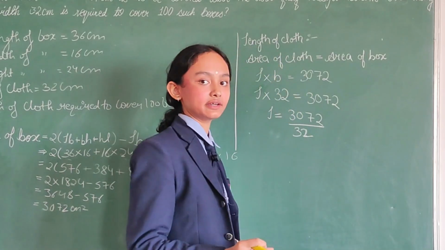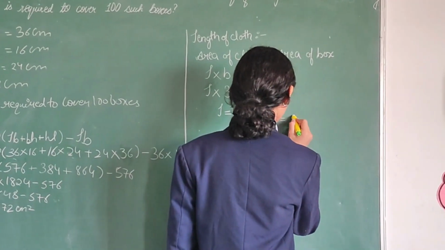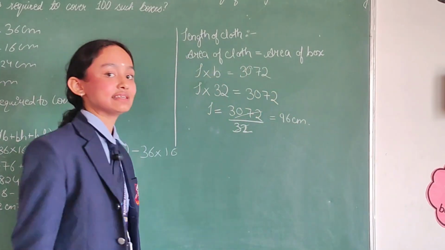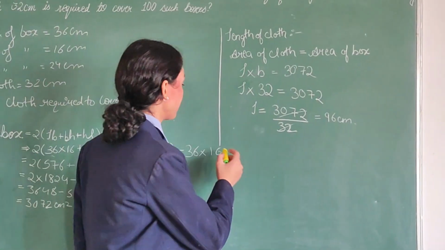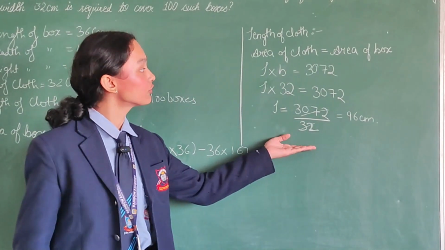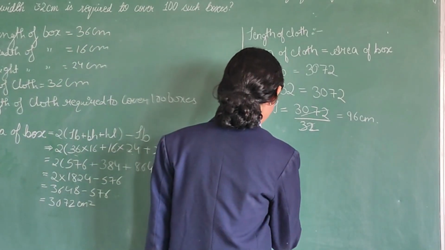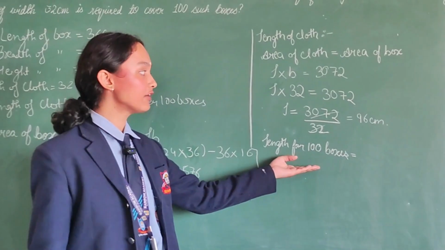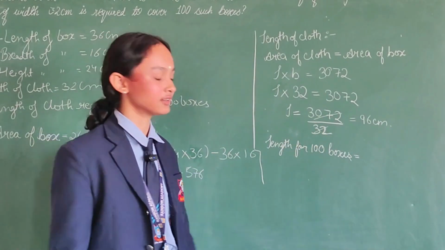Now we will divide it. And our length of cloth is 96 centimeter. Now we will find the length of cloth for 100 boxes. For finding length for 100 boxes, we have to multiply 96 with 100.